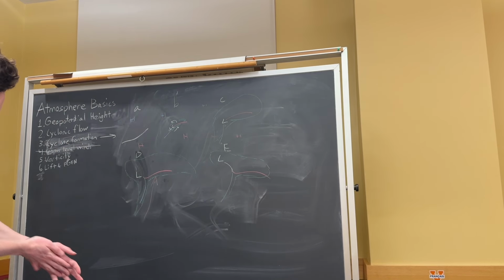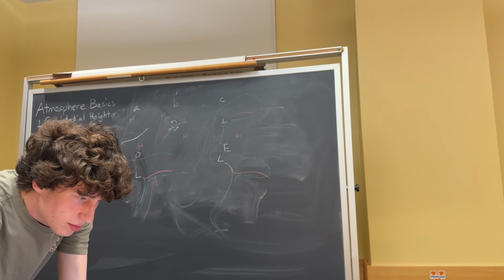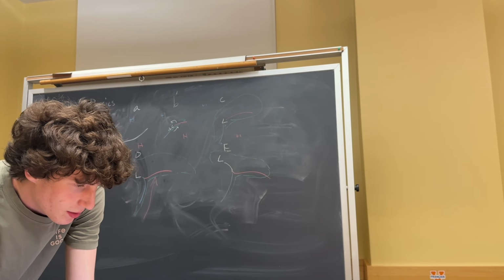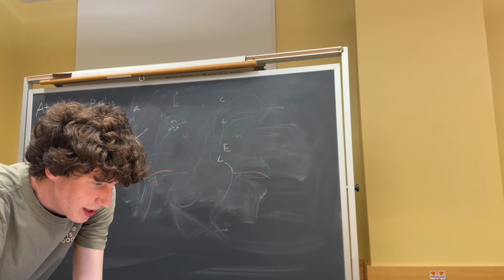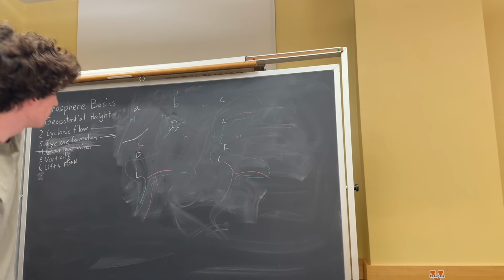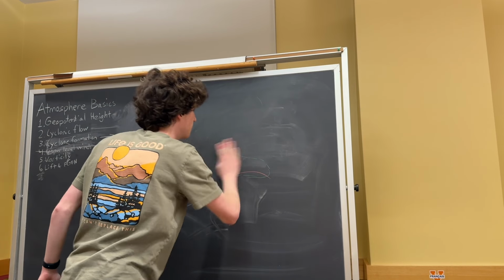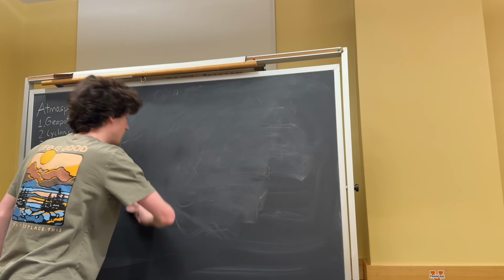All right, so that is cyclone formation. So the real question is what forms step B, where the wave breaks? Well, let's go over it. And this starts to put together everything we've learned.